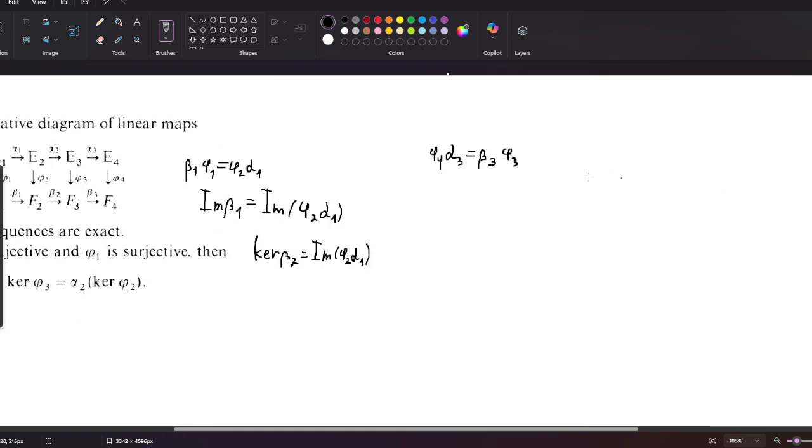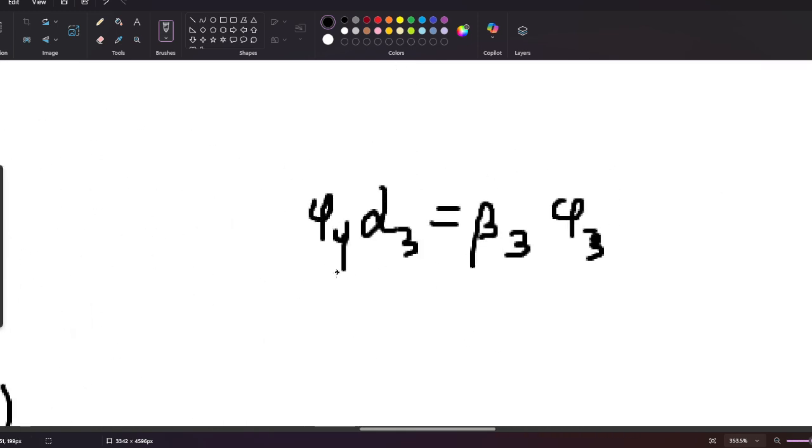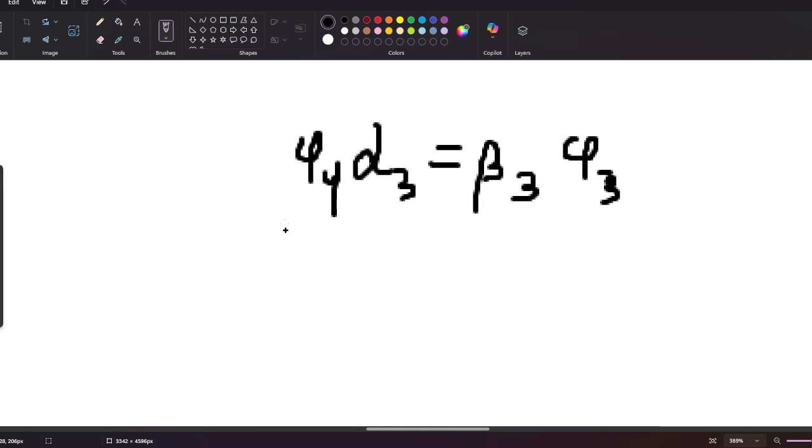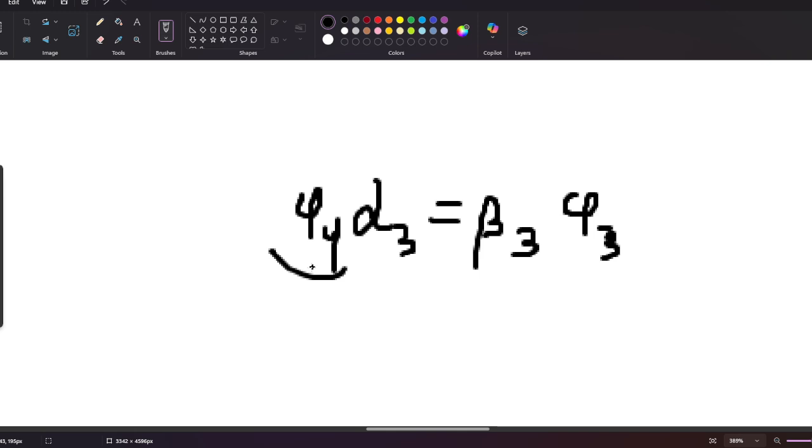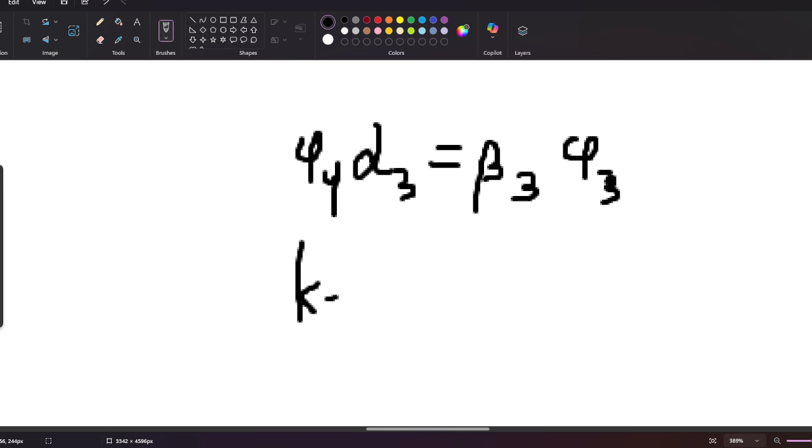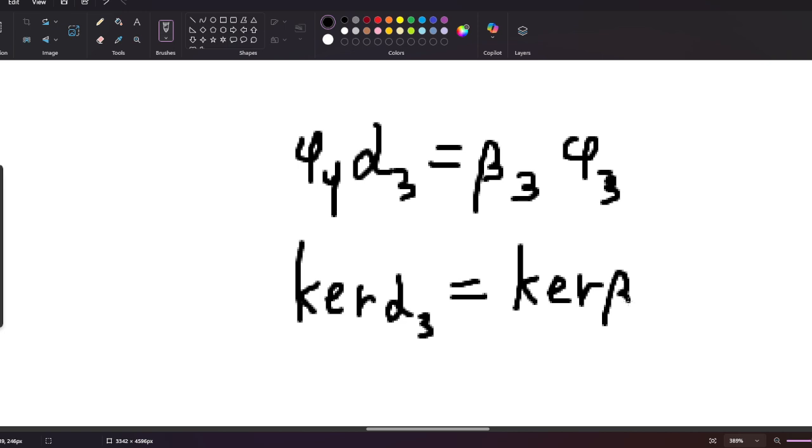Now if we take the kernel of these equal compositions, then since the kernel of phi 4 is 0, the kernel of this composition is going to be the kernel of alpha 3. So the kernel of alpha 3 is equal to the kernel of beta 3 phi 3.